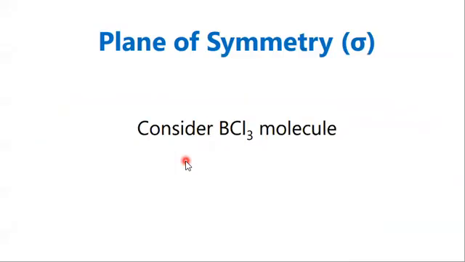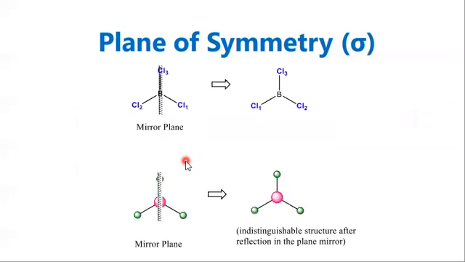Again, we'll consider the boron trichloride molecule. Now we place a plane mirror through the boron and chlorine 3 atoms. Boron and chlorine 3 will hide in the mirror, but these two will be reflected in the opposite direction.